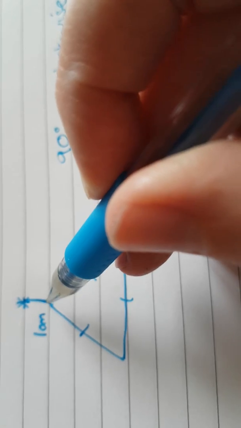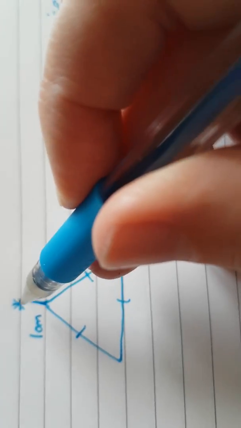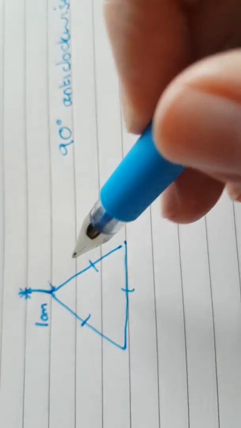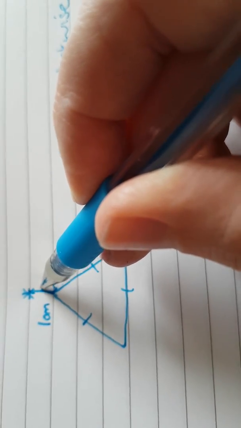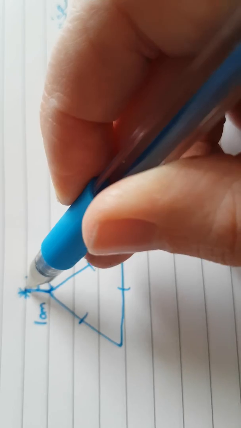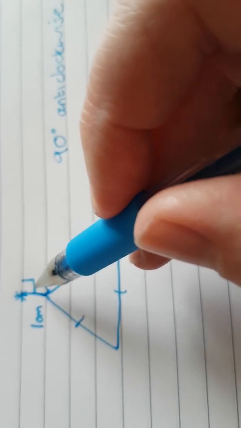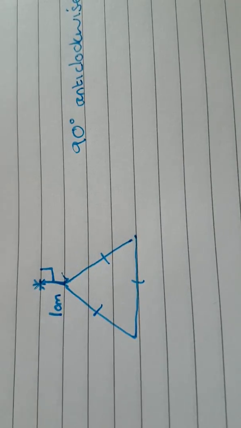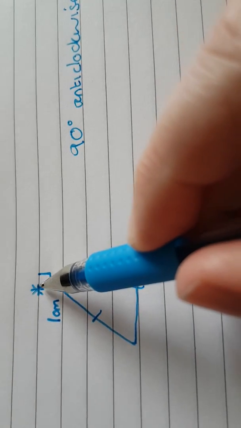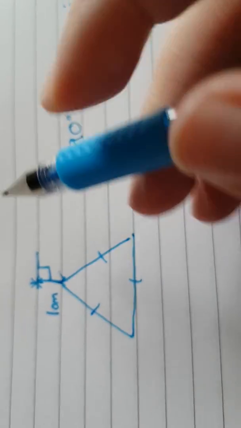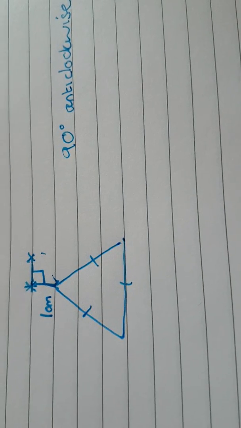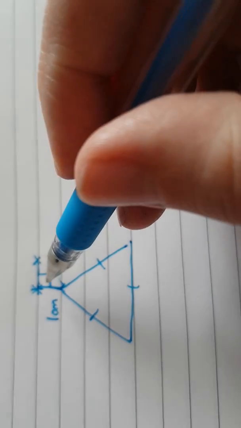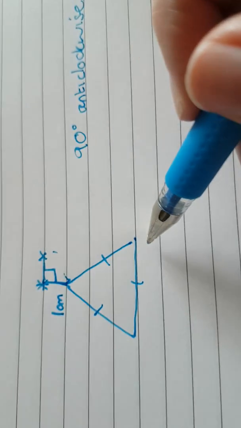My arrow, or my line, is going to go from south, say this is pointing south, it's going to turn around and end up pointing east. So I have to measure my 90 degrees, so I know where I end up. And then I measure that distance again, just like you did with reflection. So you're measuring 1 centimetre, that will tell you where that side ends up. And you do the same for each of these corners.